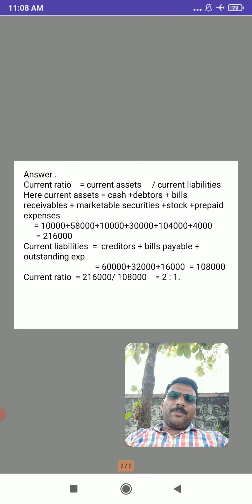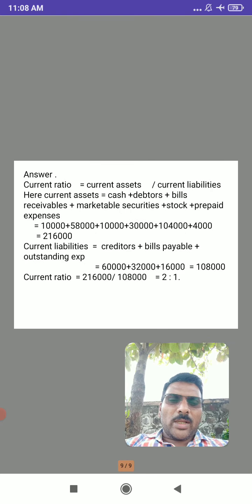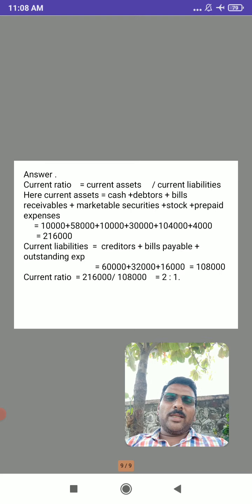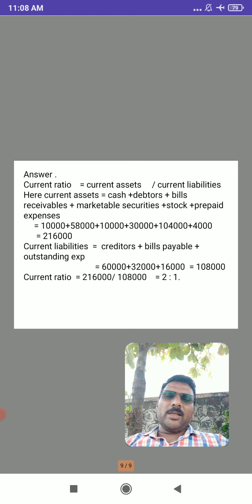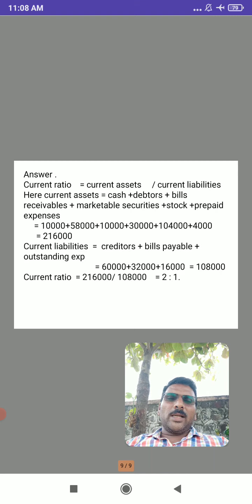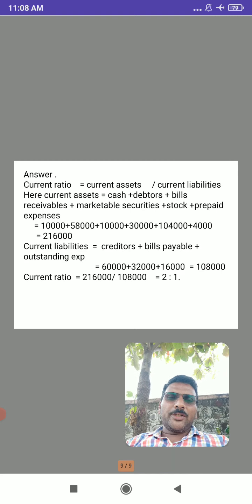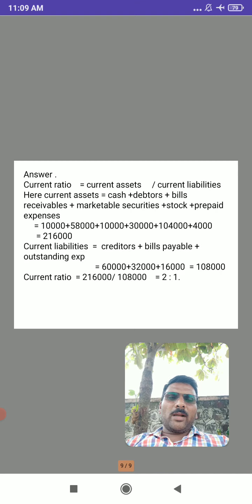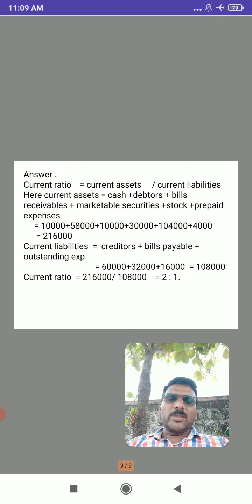Here the current assets are cash 10,000, debtors 58,000, bills receivable 10,000, marketable securities 30,000, stock 1,04,000, prepaid expenses 4,000. So we get total current assets as 2,16,000.